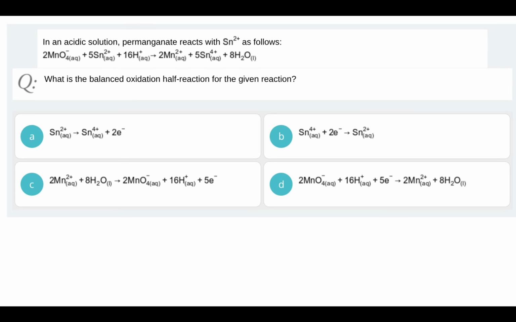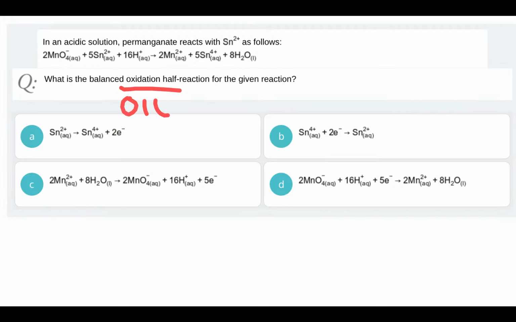The second last one, when you have this question about the acidic medium and the permanganate reacting with Sn2 positive, asking what is the balanced oxidation half reaction for the given reaction. I'm just taking a look at what's related, and if it's undergoing oxidation, oxidation involves loss.